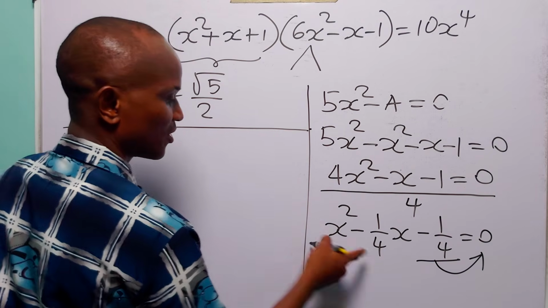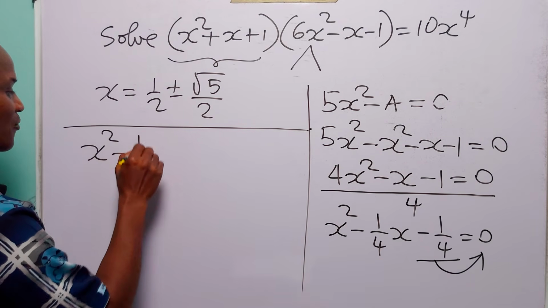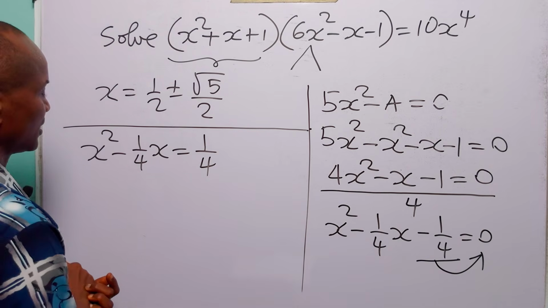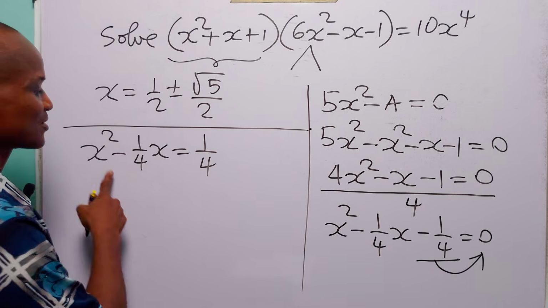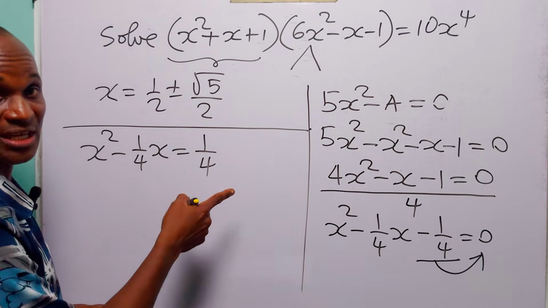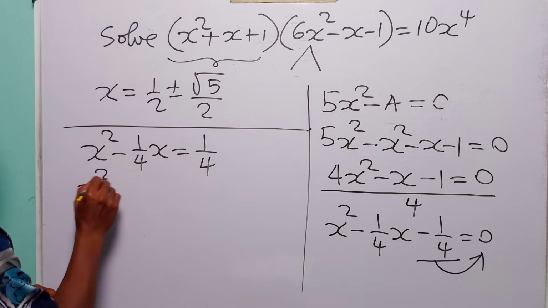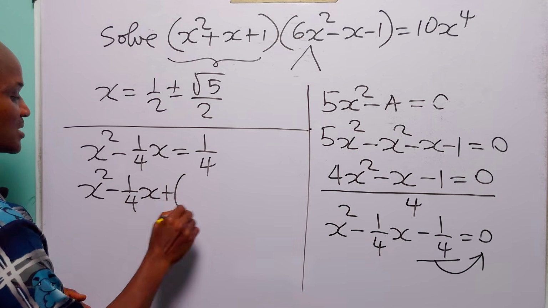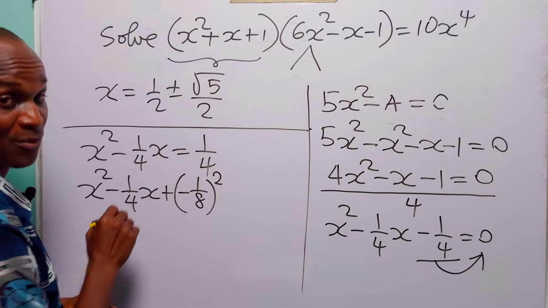When we do that, we have x squared minus 1 over 4x is equal to 1 over 4. Now, we divide the coefficient of x by 2, square it and add to both sides of the equation to complete the square on the left. When we do that, we have x squared minus 1 over 4x plus minus 1 over 8 squared.